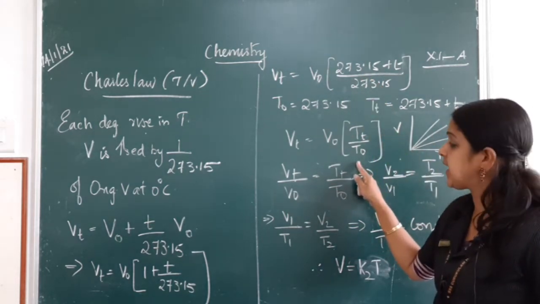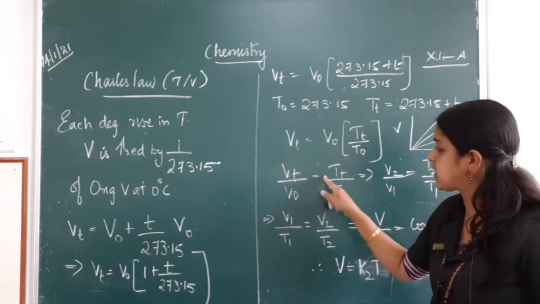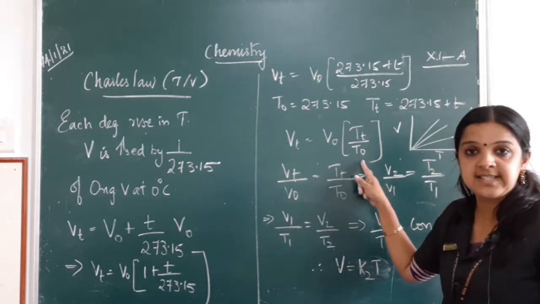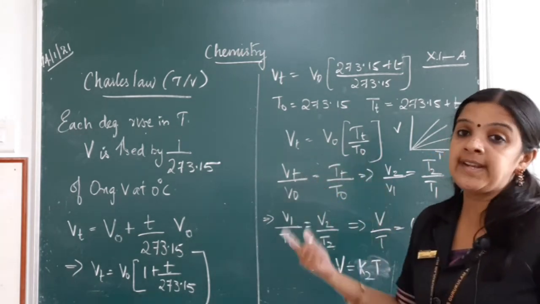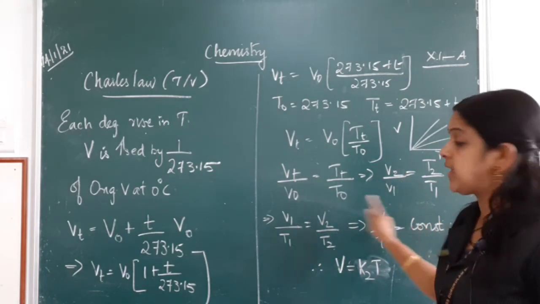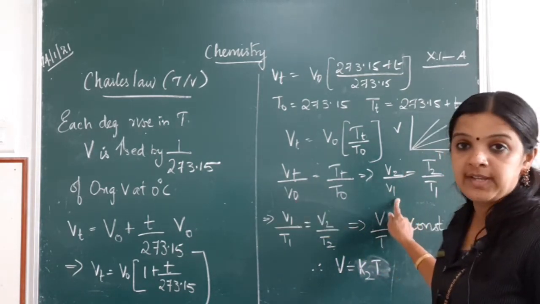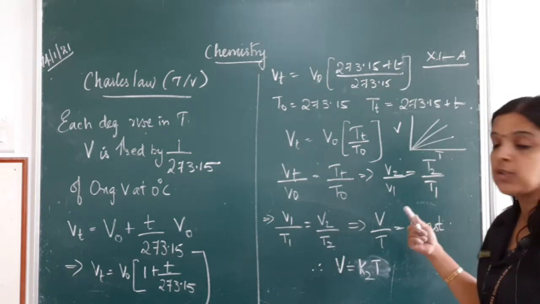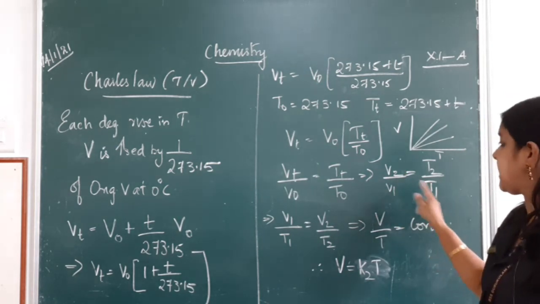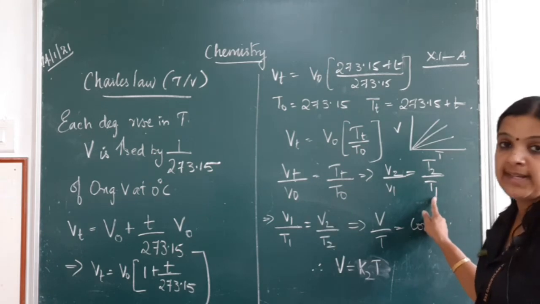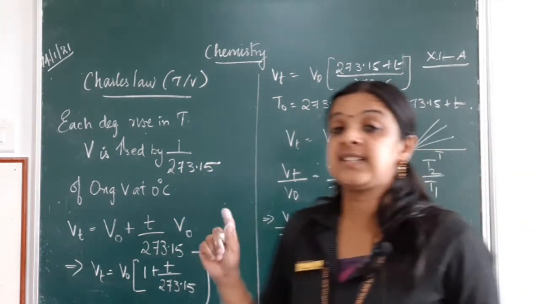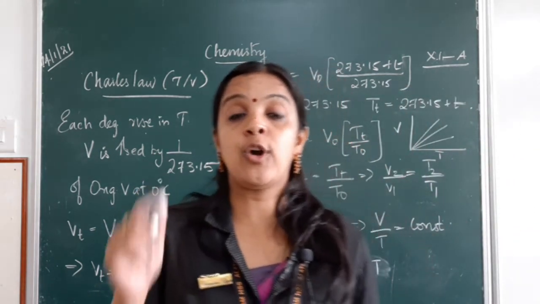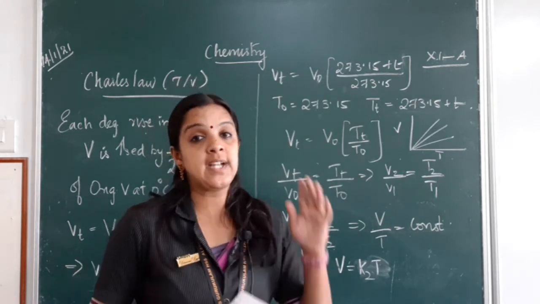So what do I get? Vt by V0 is equal to Tt by T0. What is Vt? The final volume, so V2. V0 is my initial volume V1, which is equal to T2 by T1, which I can also write as V1 by T1 equal to V2 by T2. That shows there is a direct relationship between volume and temperature at constant pressure.